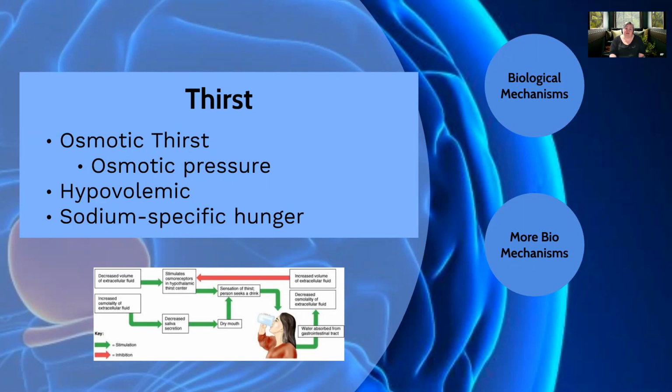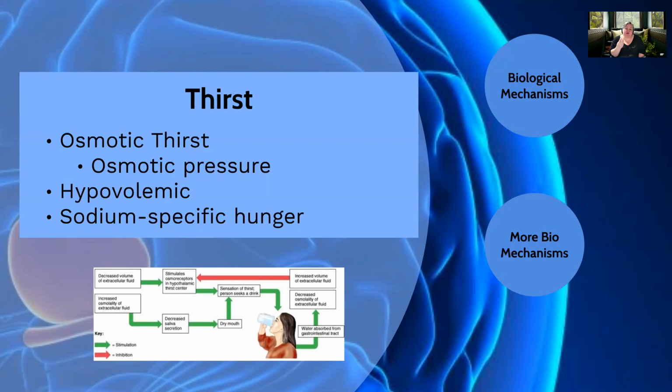So certain neurons are going to detect the loss of water that may happen because the osmotic pressure is going to result in drawing water from the cells into the extracellular fluid. The cells are saying, hey, there's all this sodium, so it's out of balance, and so they draw some water from the cells into the extracellular fluid.